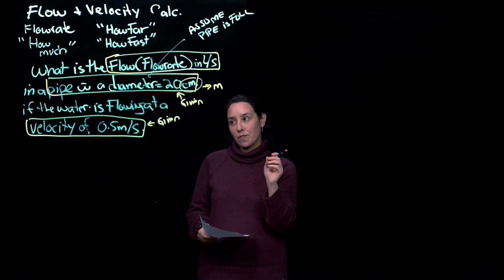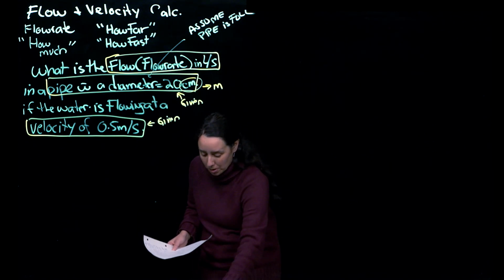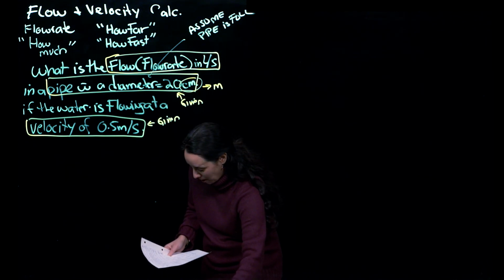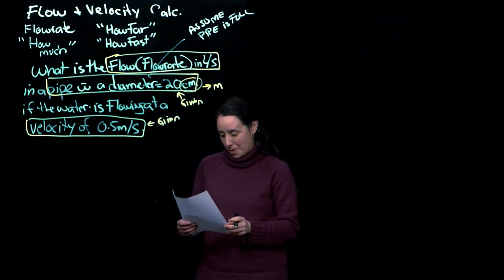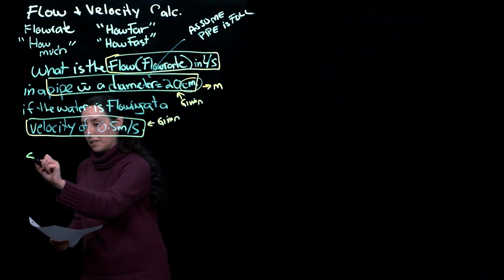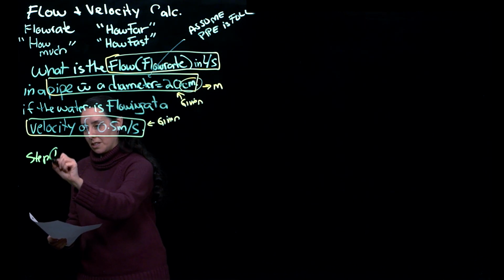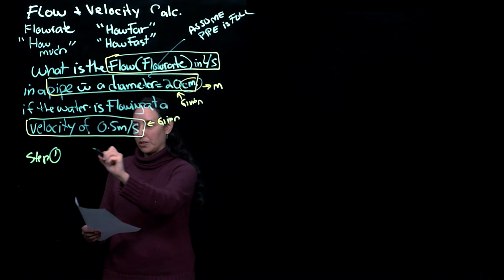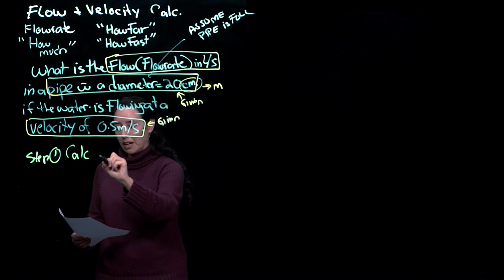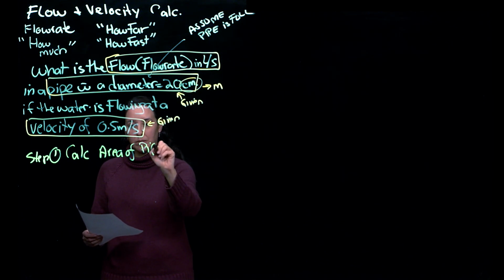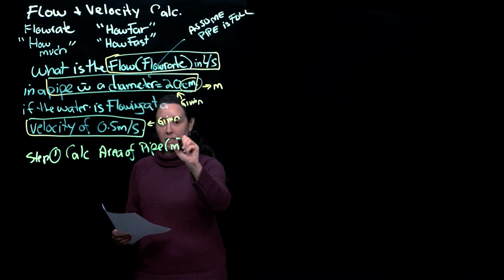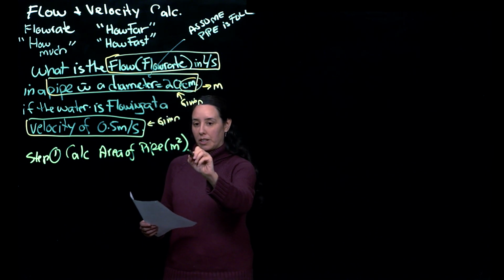Okay, so we're going to solve this one in 2 steps. Let's look at what those steps are. Step 1: calculate the area of the pipe, and we'll do that in meters squared.